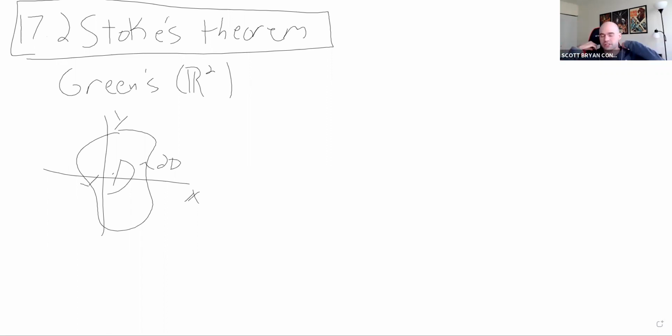But D is a two-dimensional region, and we look at the boundary curve of this guy and orient that according to the rule. Basically, you walk along the boundary curve so that D is always on your left.